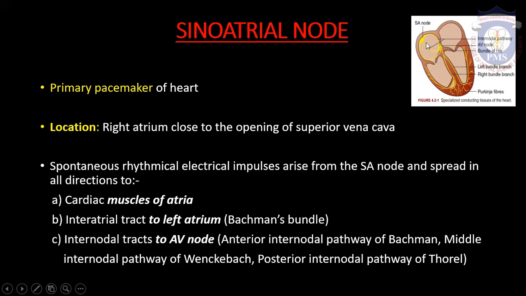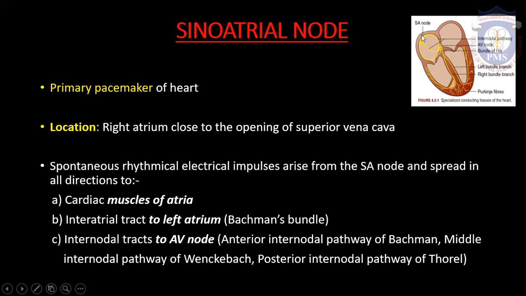There are three internodal pathways: the anterior one is called the pathway of Bachmann, the middle one is called Wenckebach's pathway, and the posterior one is called the pathway of Thorel. So through Bachmann, Wenckebach, and Thorel's pathways, the impulse from the SA node finally reaches the AV node.